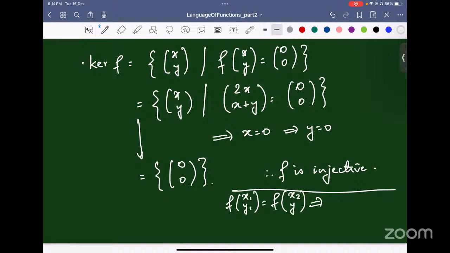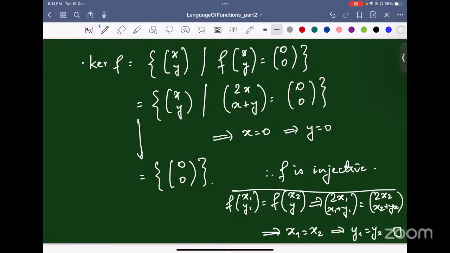That would imply (2x1, x1 plus y1) equals (2x2, x2 plus y2). Well, this is simple, and we are done. Nevertheless, the kernel property for injectivity is used for more complicated functions and therefore is very useful to know.